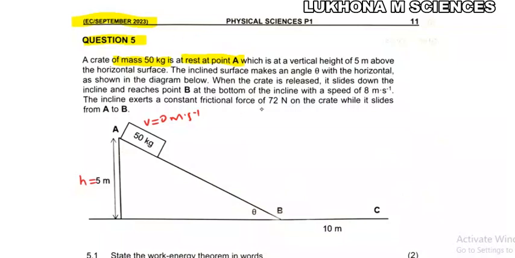To be at the bottom of an incline with speed, which means the speed here of this object is 8 meters per second. So the speed at the bottom, that is at B, the speed at B. The incline exerts a frictional force, so we're given a frictional force of 72 newtons on the crate while it slides down from A to B. Okay, now we have two paths.